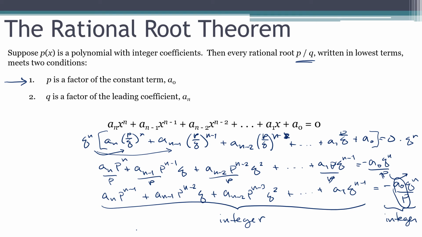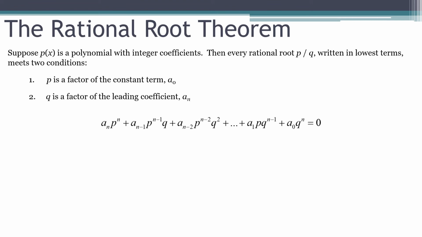So now we're halfway done. That showed the first of these two criteria. Now I'm going to clean everything up, because it got a little messy, so I'm going to go back. This is the line after we multiplied through and cleared out the denominators. From here, I'm going to do something very similar to get the second criterion. I'm going to take this term and move it to the other side of the equation.